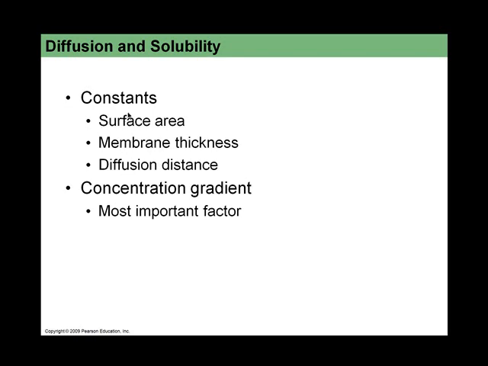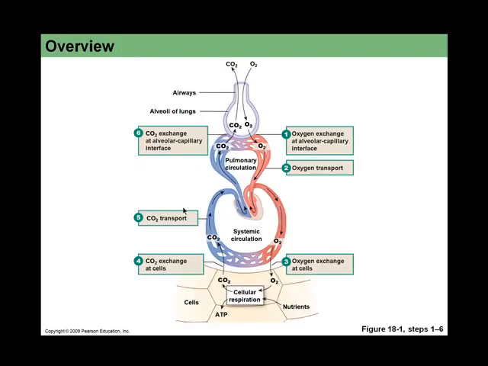A few of these things can change when we exercise. So surface area is one thing that can change. We've talked about the ability to vascularize muscle tissue when you're getting into shape. So part of the conditioning is to vascularize.